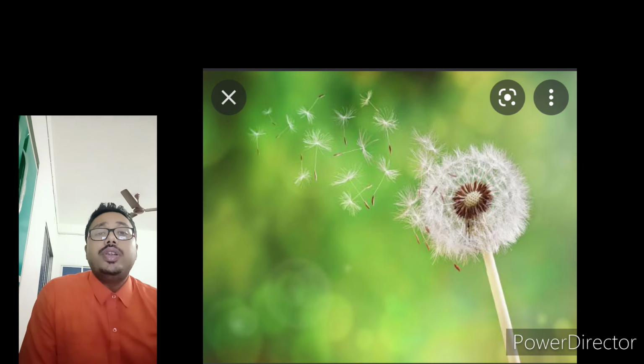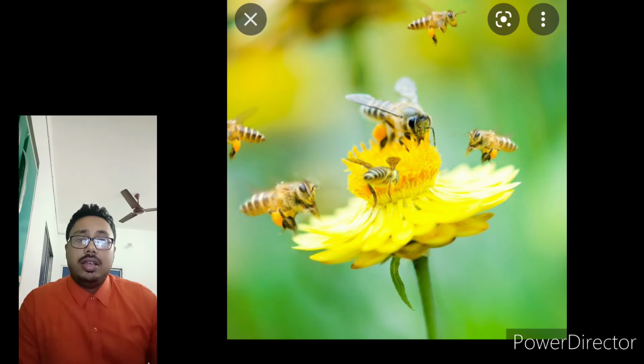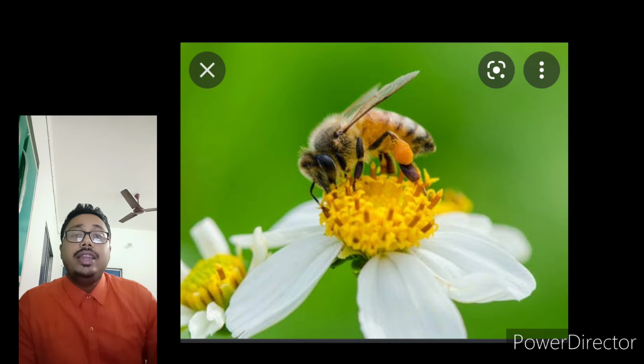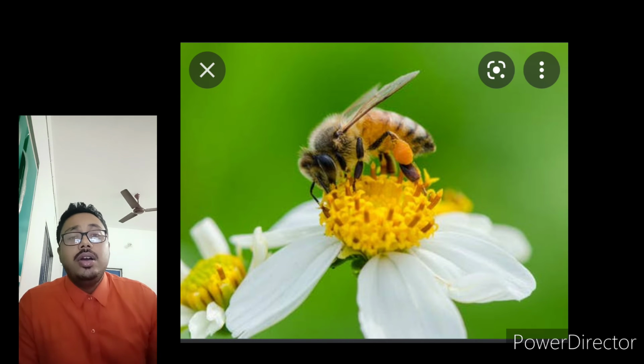Now, if we talk about insect pollinated flowers, the flower must give some rewards to the insects, otherwise they will not come. What are these rewards? It may be in the form of nectar, or they give some place to stay there, any reward.